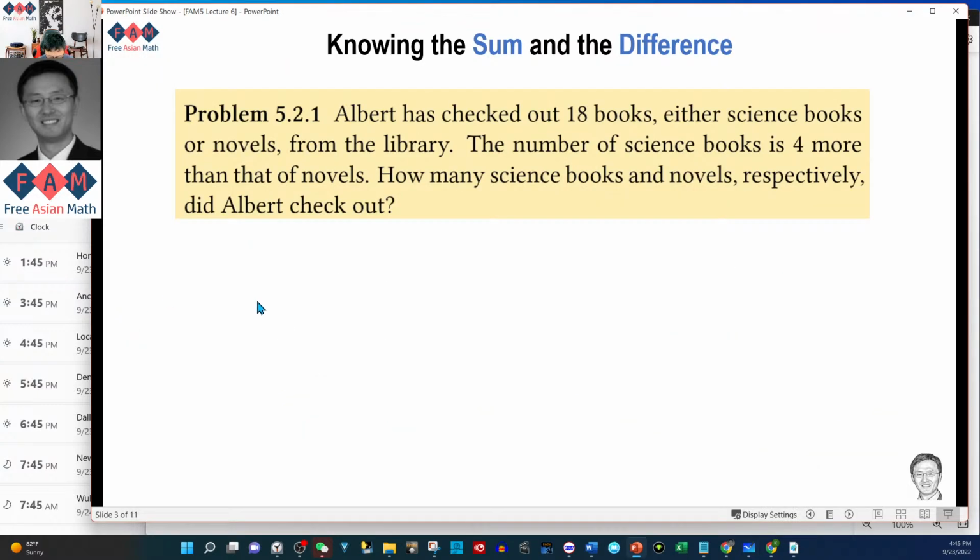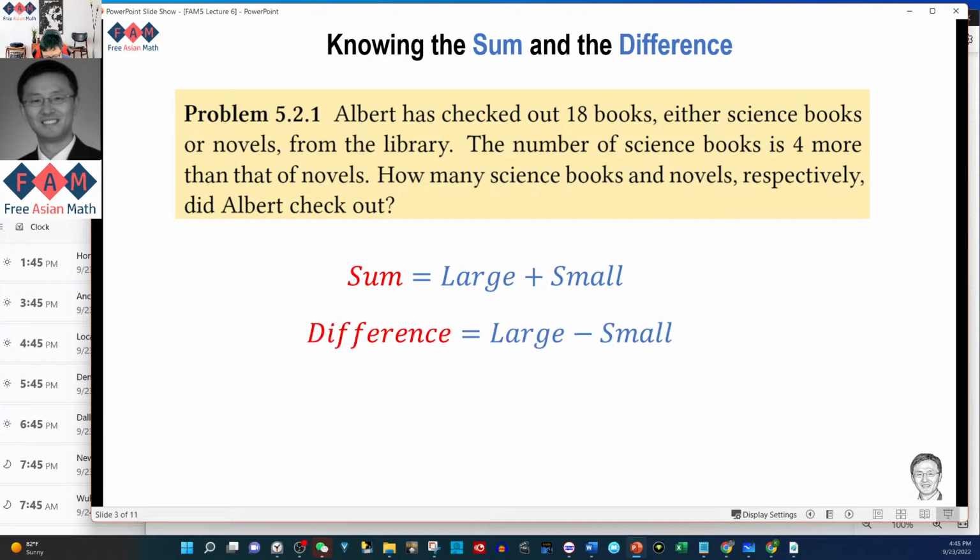So let's just write down this relationship as we just did with the bar or bars as the visual aid. We just write down the relationship in English words. So apparently the sum is just large plus small, right? And the difference is just large subtracting small.